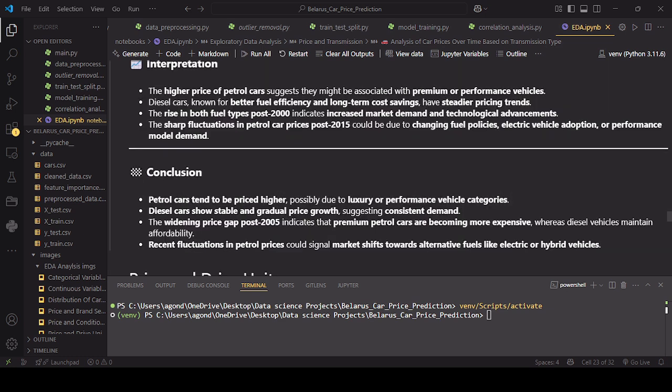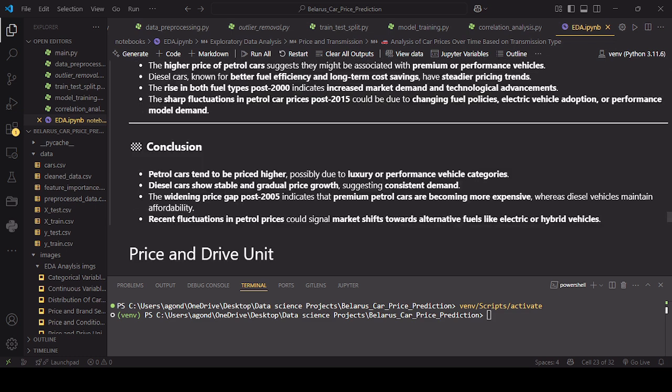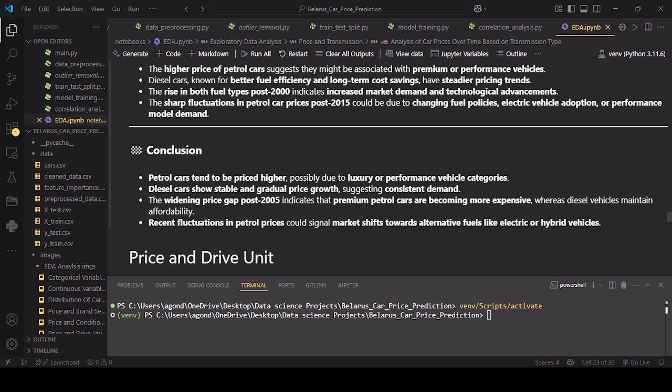The higher price of petrol cars suggests there must be premium or performance cars. Diesel cars offer better fuel efficiency and long-term cost saving, having steadier price trends, and the rise in both suggests increased demand and technology.